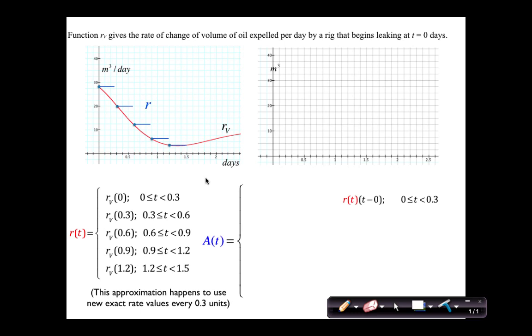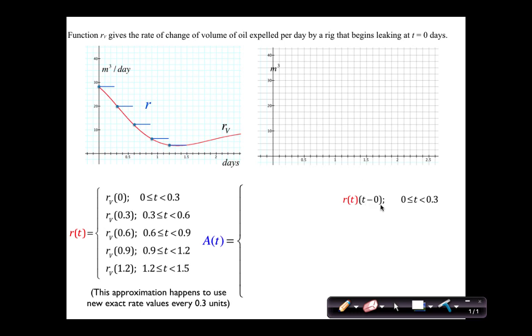Now, I was just using y's and x's because they're maybe easy to picture. But thinking about this, t was the independent variable, r sub v of t. So when t is between 0 and 0.3, the equation we wrote was 28x. And we said that's the same as 0 plus 28 times x minus 0.